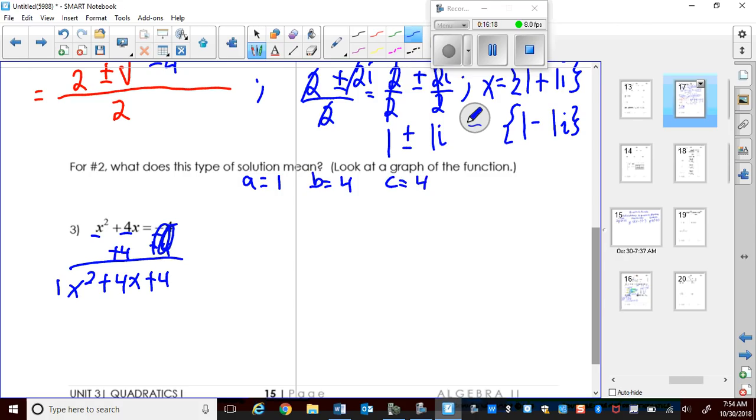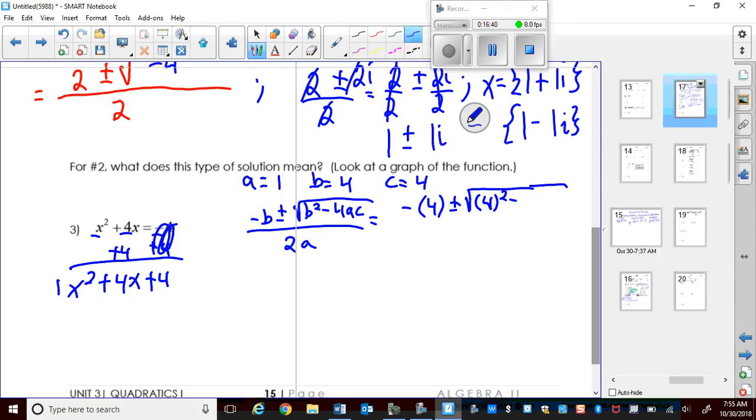So we have our formula, negative b plus or minus the square root of b squared minus 4 times a times c divided by 2 times a, which equals negative 4 plus or minus the square root of 4 squared minus 4 times 1 times 4 divided by 2 times 1.